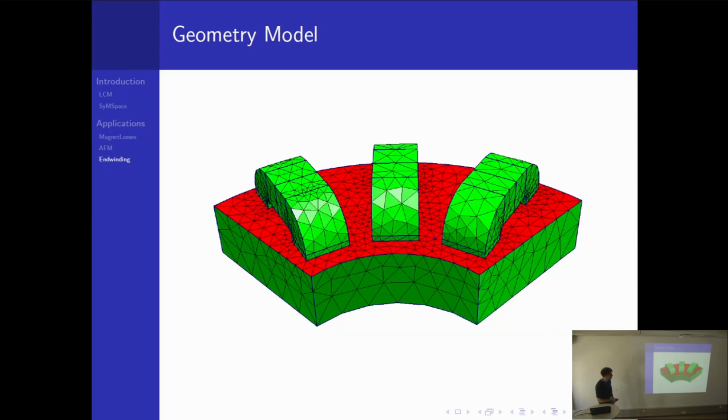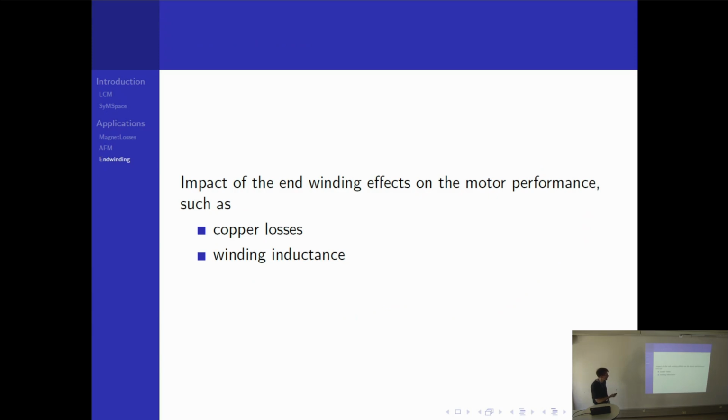And for this, we tried a reduced model. So you're just taking the copper yoke, and then this is, for example, a toroid winding. This is for this application a quite simple winding. And then you can simulate here the windings and, for example, winding inductances or also losses in the end winding. And yeah, this sums it up.